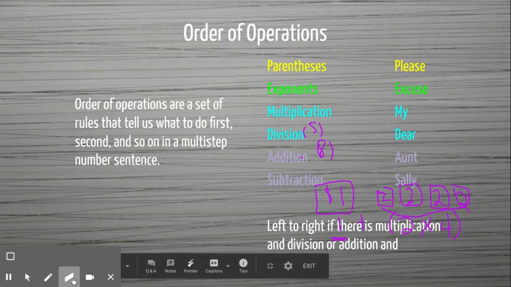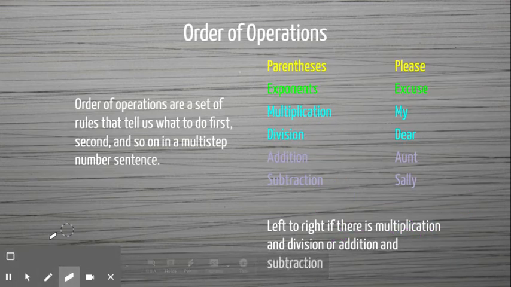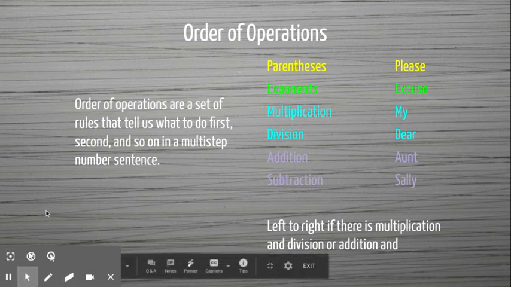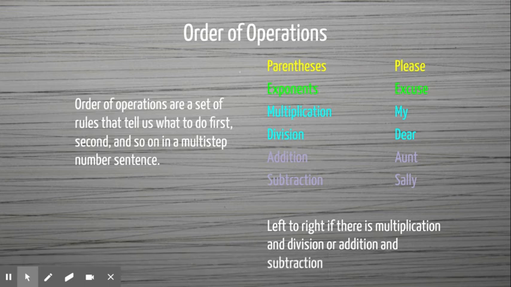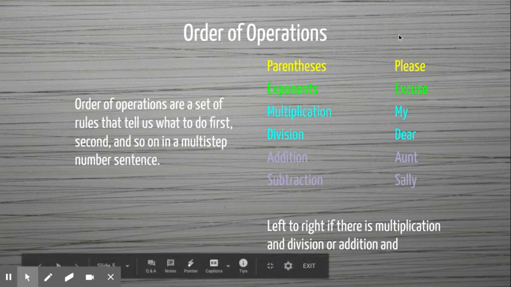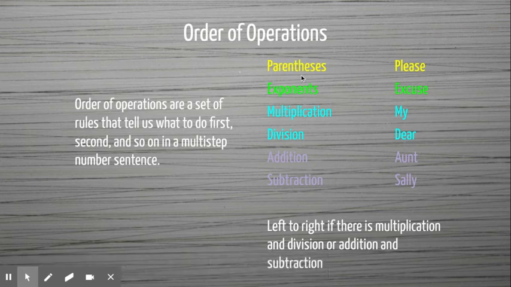Okay, so I keep using the same word, order of operations. What order of operations are, they are just a set of rules that tell us what to do first, second, and so on in a multi-step number sentence. So there are certain things that you have to do in order. Forgetting about the right side right now, we have to do parentheses first, then exponents.